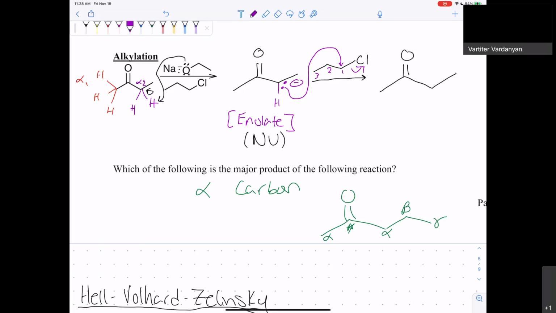So we have an H already, and we're going to add a 1, 2, 3 carbon chain, aka a propyl. Ta-da! We are done.